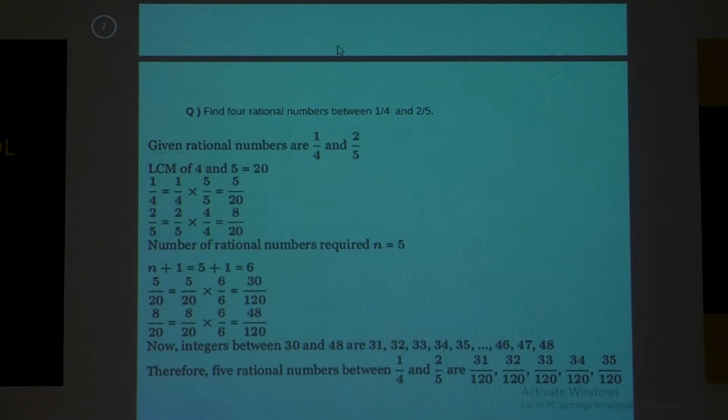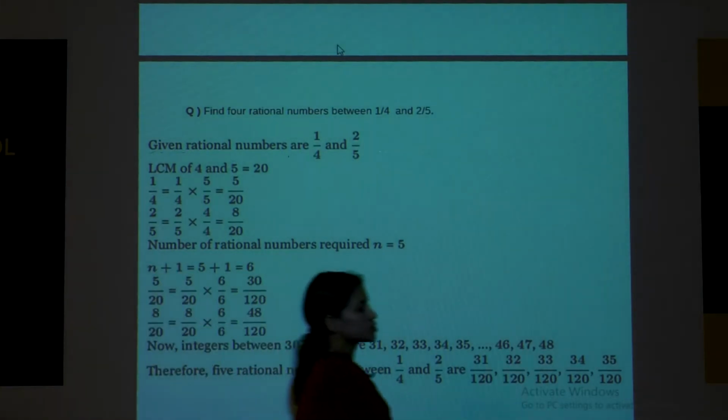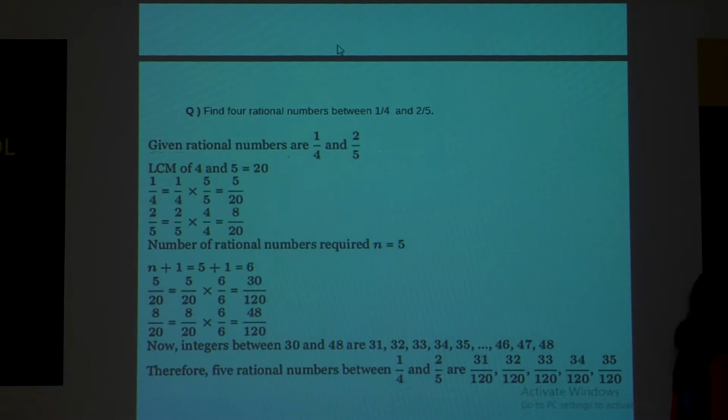Here we can see: find 4 rational numbers between 1 by 4 and 2 by 5. Here we can also use the mean method as proved above. But why are we not using the mean method?